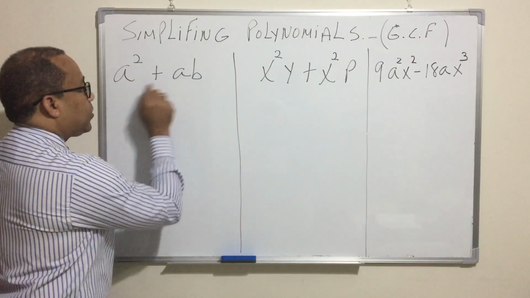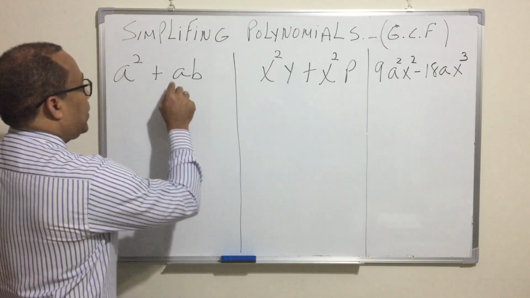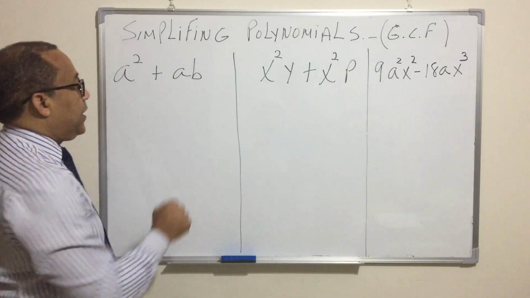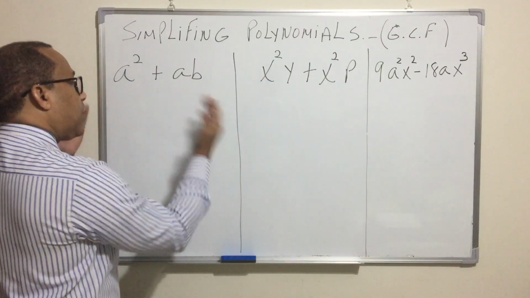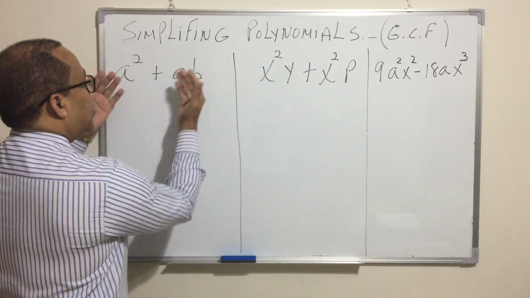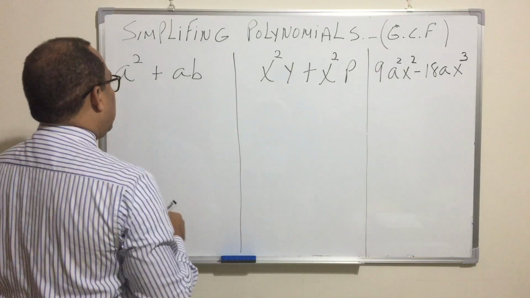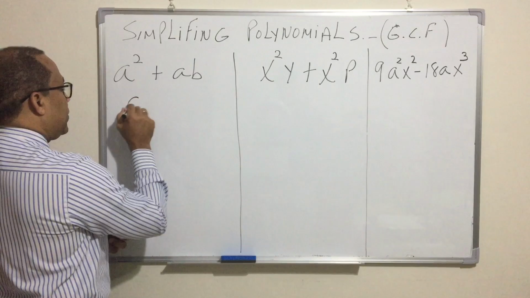So the greatest common factor between these two will be the a to the first power. And like we said before, b is not a common factor because it is not in the two terms of the binomial.